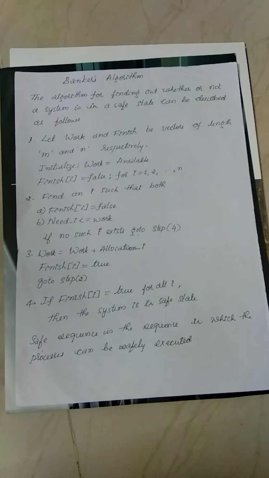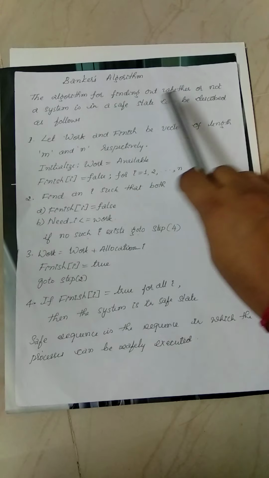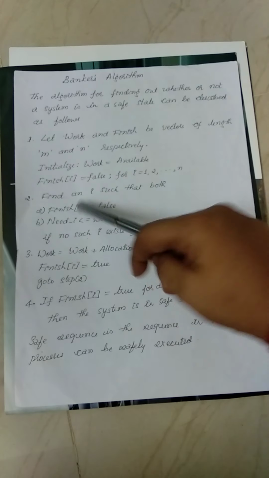Next we'll consider the algorithm using which a safe sequence is generated. If a safe sequence is generated, then the system will be in a safe state. The algorithm followed here has 4 steps.